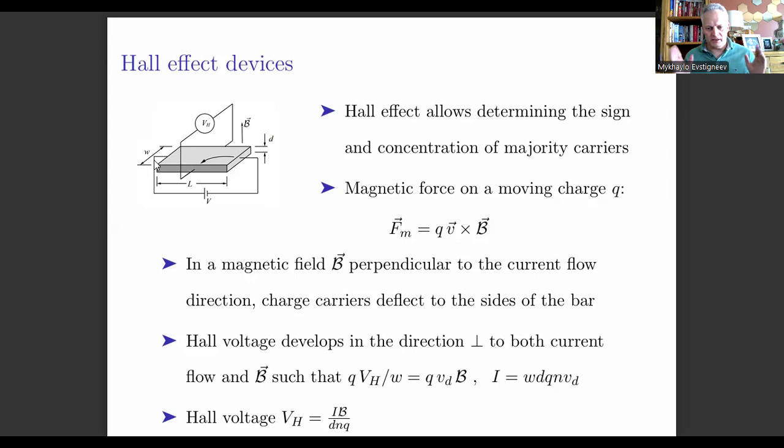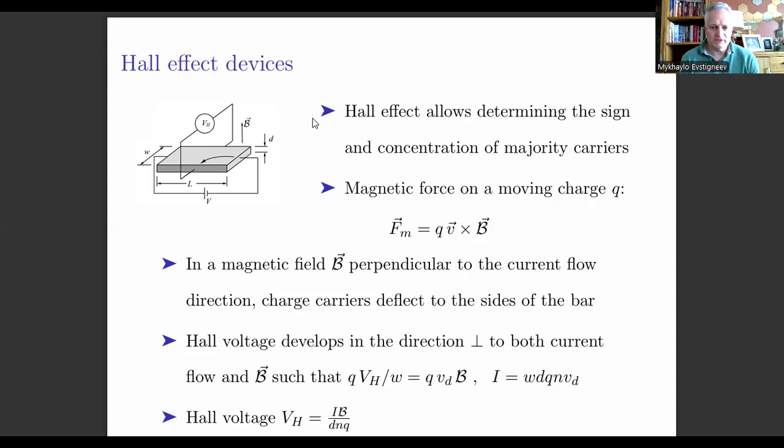The length of the bar is L, and let's say the width of the bar is W, and the thickness of the bar is D. So you apply a voltage in the positive x direction, so the current flows in the positive x direction, and you also apply a magnetic field B in the direction perpendicular to the plane of the bar, that is, in the direction perpendicular to the flow of the charges.